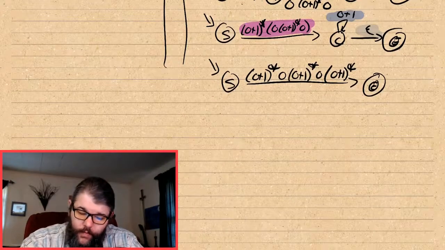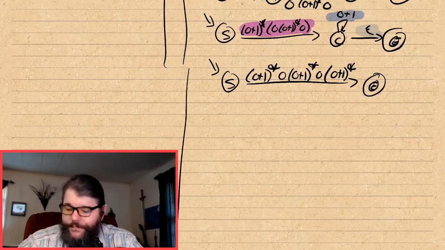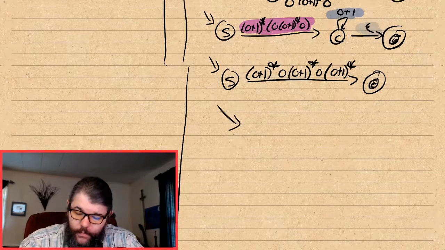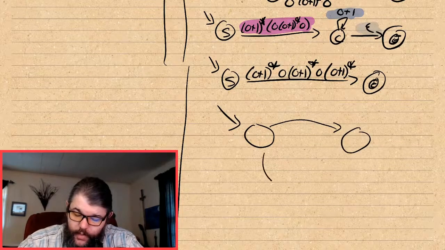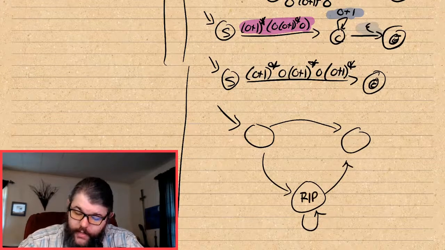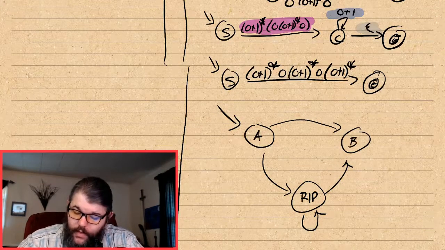Sometimes it can be helpful as you're thinking about this to always consider every pair of states, okay? And there's always this situation where I want to consider all states from A to B that involve rip.